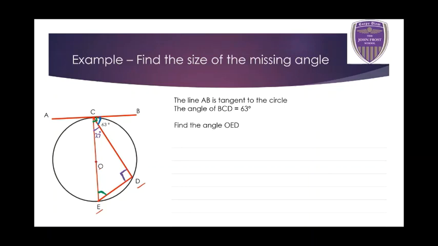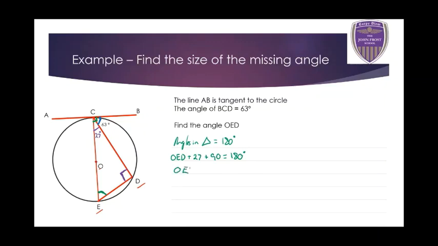So therefore, now if I'm going to find this OED angle, the green angle, I use what I'm given. So all triangles add up to 180 degrees. So angles in triangles equal 180 degrees. And my angles are, well, I've got my OED at the bottom. So OED plus 27 plus 90 equals 180 degrees.